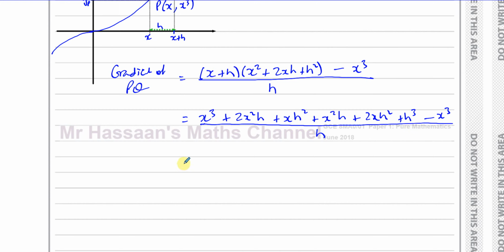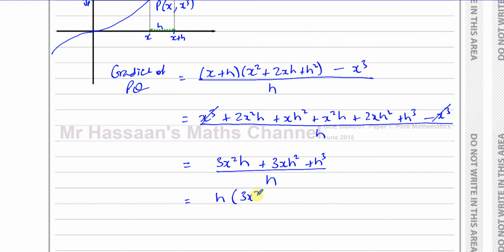So that's going to give us x cubed and x cubed cancel out. 2x squared h plus x squared h is 3x squared h. xh squared plus 2xh squared is again 3xh squared this time. And finally we've got this h cubed at the end, and all of this is over h. Now I see there's a common factor of h in the numerator, which I'm going to take out.